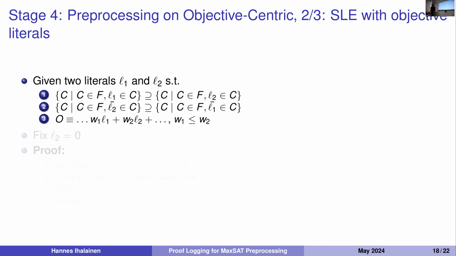But let's make this case a bit more complicated. Same situation as we had, but now we have literals that appear in the objective function. So there are now L1 and L2 with the additional detail that L1 has a coefficient that is less or equal to the coefficient of L2.